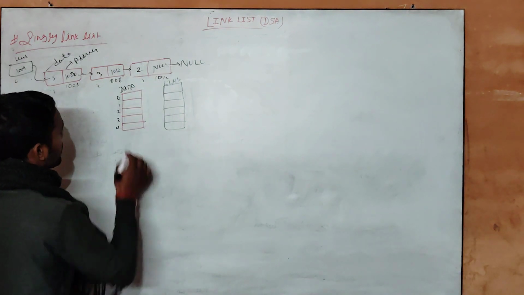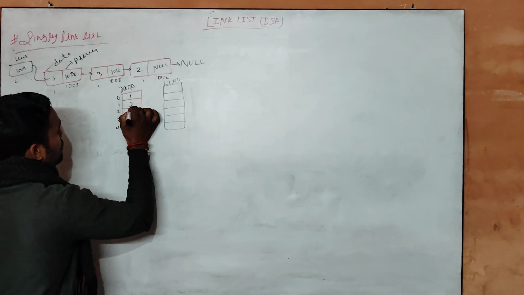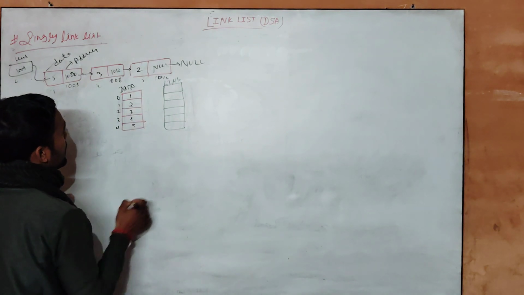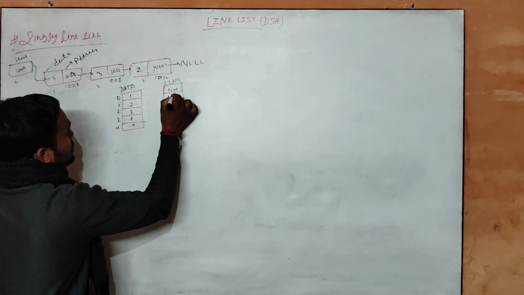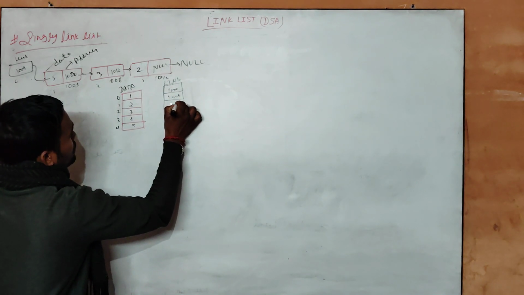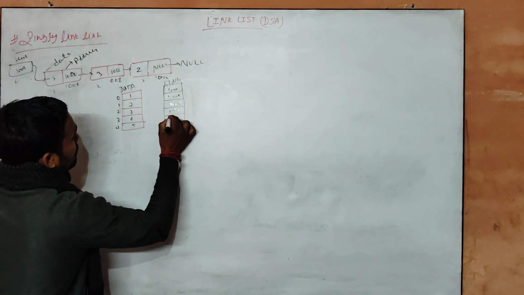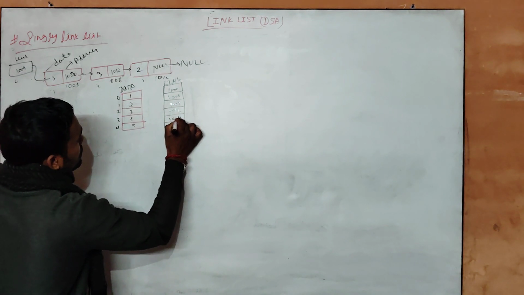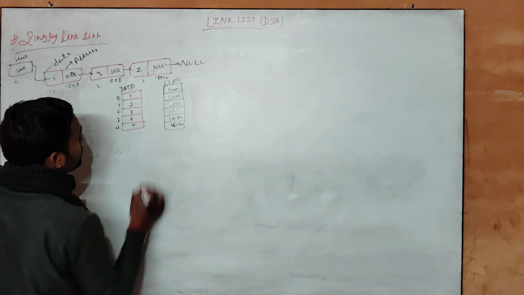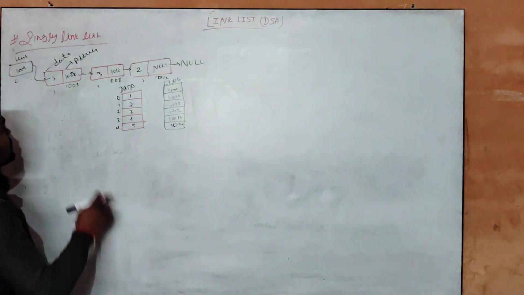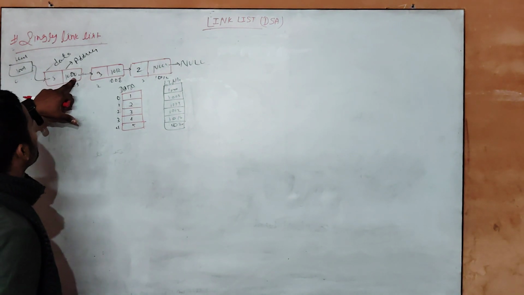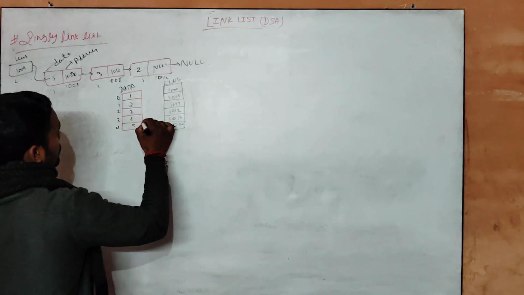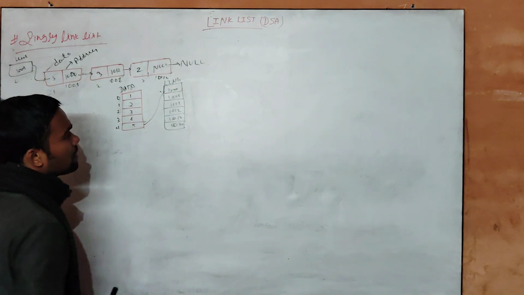2. You write here 1 2 3 4 5. Here address is stored in sequence manner: 1000, 1004, 1008, 1012, 1016, 1020. First look, 5 is stored data 1000.